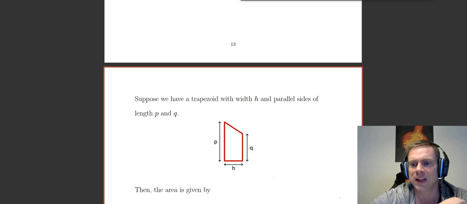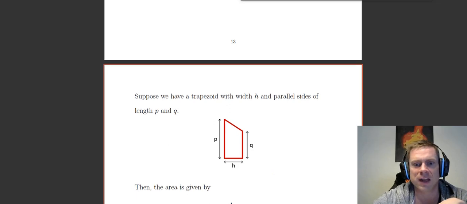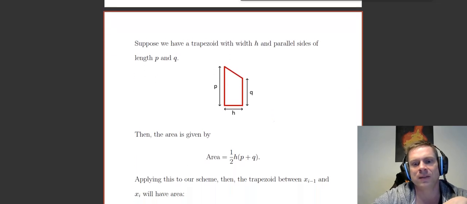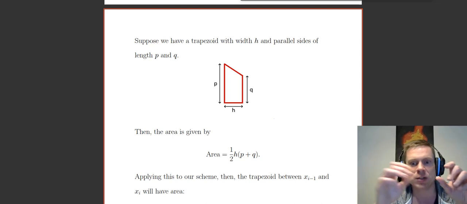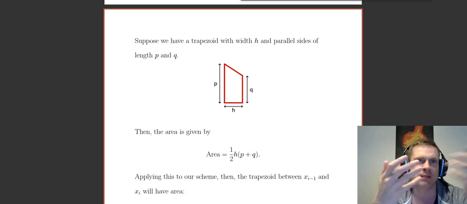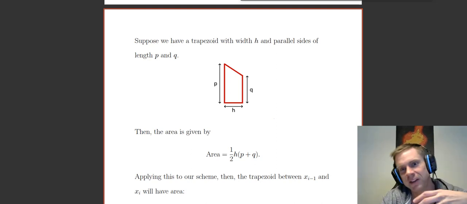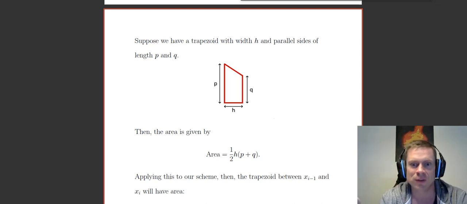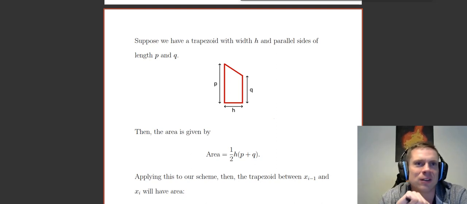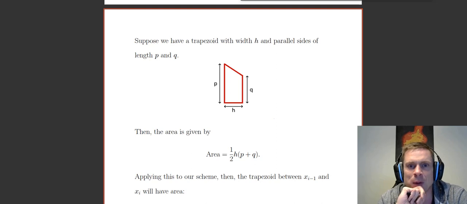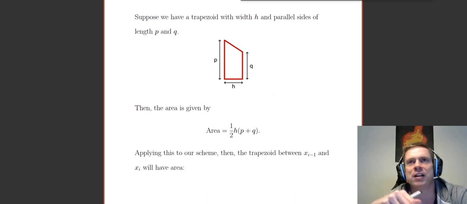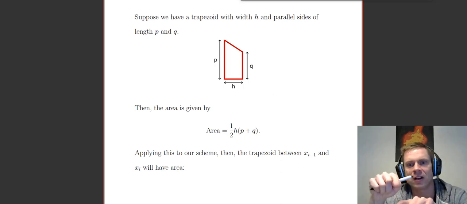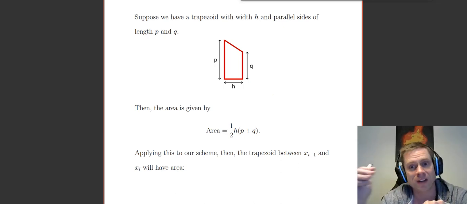And that's reflected in the formula for the area, which is just below here. It's a half hP plus a half hQ, or hP plus hQ over 2, which is the area of the one rectangle plus the area of the other rectangle over 2, or the average of the two areas. So that area formula really isn't too hard to remember, but we're going to derive a scheme out of this. I want to think about drawing the heights P and Q defined by the height of the function.